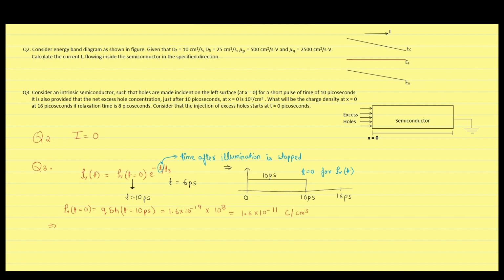Now, charge density at 16 picosecond will be equal to 1.6 into 10 raised to the power minus 11 multiplied by exponential of minus 6 divided by relaxation time, which is provided as 8 picosecond. After calculation, we will get charge density at 16 picosecond to be approximately 7.56 into 10 raised to the power minus 12 coulomb per centimeter cube.